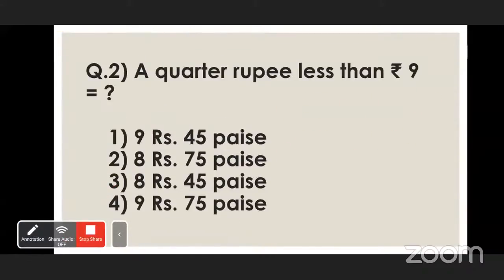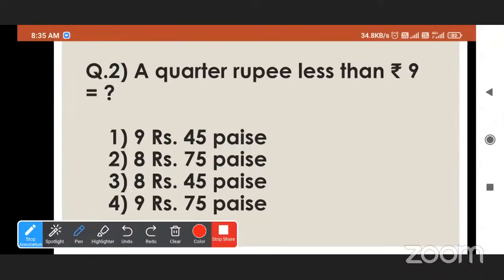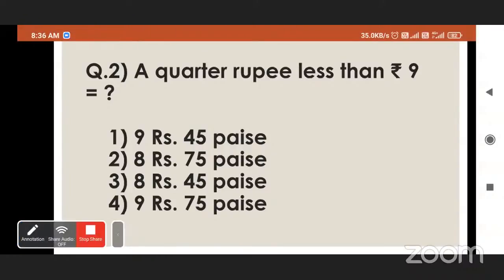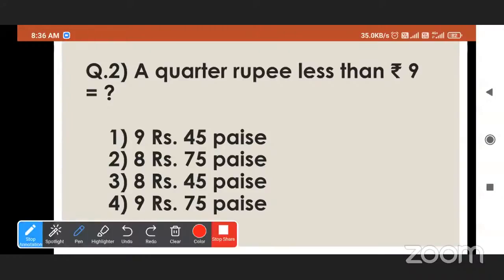Now read question number 2. A quarter rupee less than rupees 9 is equal to how many? So what is the answer? 9 rupees means how many paisa? 900.